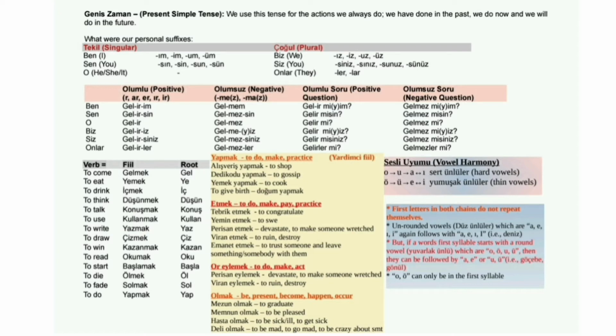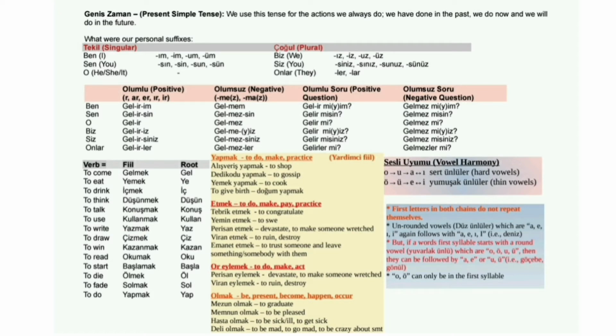As you can see from the examples, göçebe, ö followed by e, gönül, ö followed by ü. O and ö can only be in the first syllable, as in göçebe and gönül, ö in both words is in the first syllable.